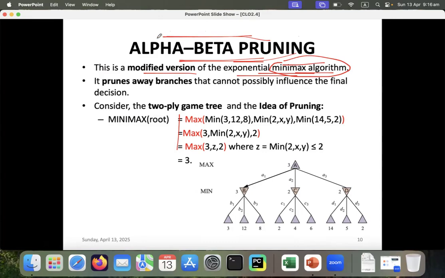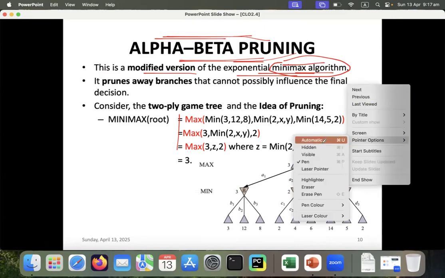The difference is only that the alpha beta pruning algorithm prunes or filters the branches of the tree which are not needed to explore. In this way, this alpha beta pruning algorithm will save time, and this algorithm would be faster than the minimax algorithm.